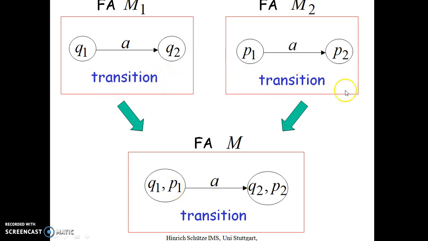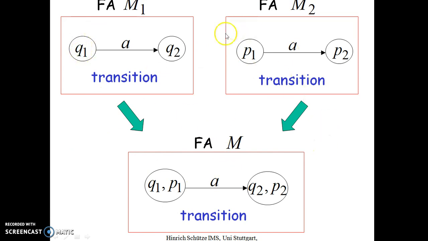So here 2, here 2. So Q1 P1, Q1 P2, then Q2 P1, Q2 P2. So 4 states I will be getting. Here 2, here 2, so totally I should have 4 states. And the initial state will be Q1 P1. So the initial state of the constructed automata will be Q1 P1.